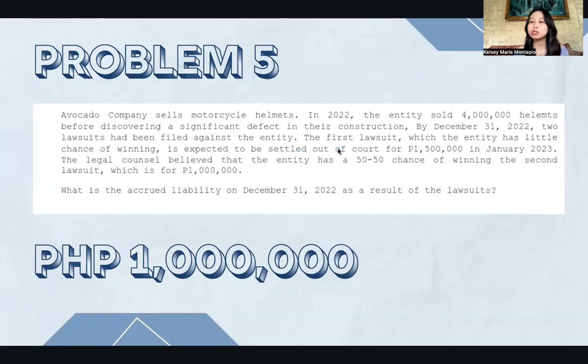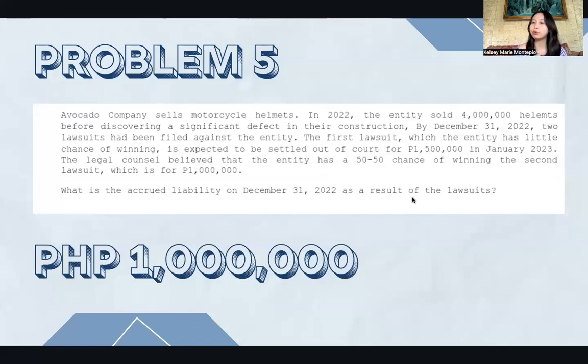The first lawsuit, which the entity has little chance of winning, is expected to be settled out of court for 1,500,000 in January 2023. The legal counsel believes that the entity has a 50-50 chance of winning the second lawsuit, which is for 1 million pesos. So the question is, what is the accrued liability on December 31, 2022 as a result of the lawsuits?